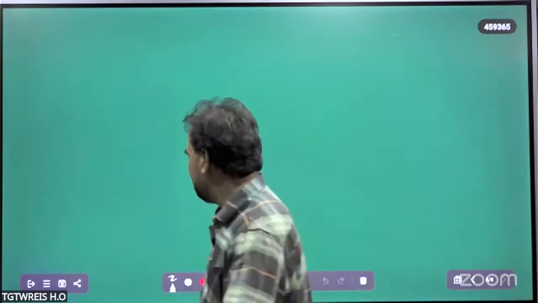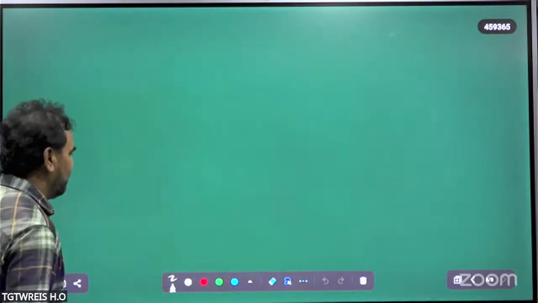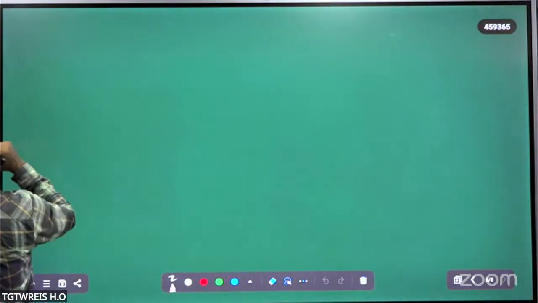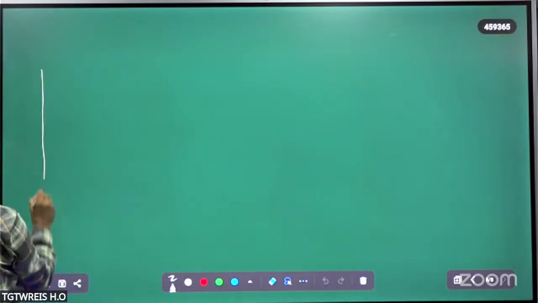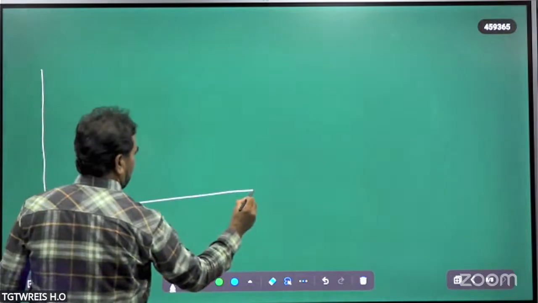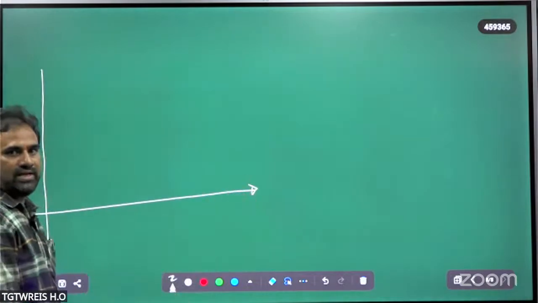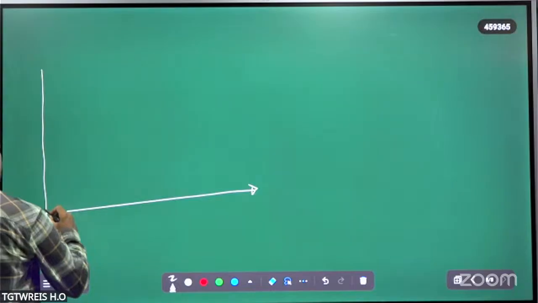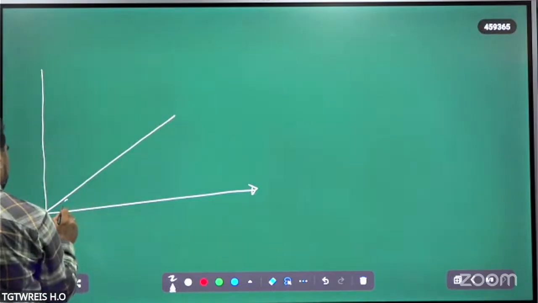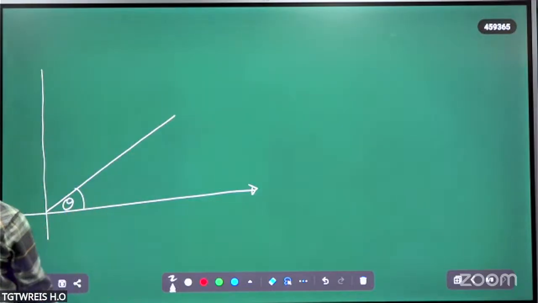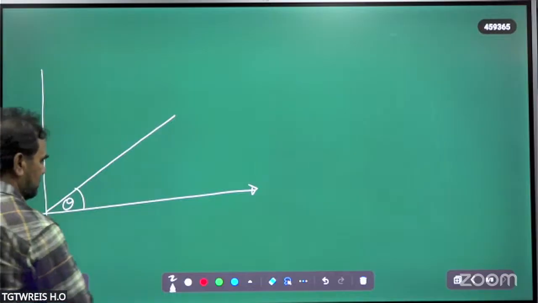See, based on the concept of inclined plane only. Suppose consider an inclined plane here. This is an inclined plane of inclination theta.